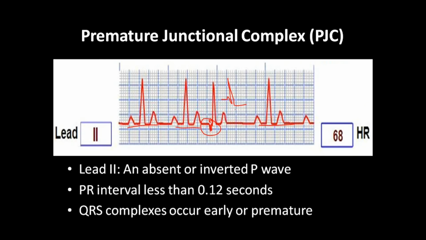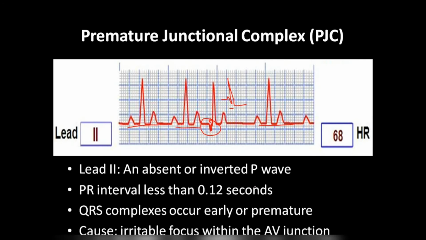Okay, there is no proper isoelectric line, so the time taken by the electrical waves to move from the SA node to the AV node is very rapid. That's why immediately after the atrial depolarization, there will be a ventricular depolarization or contraction.